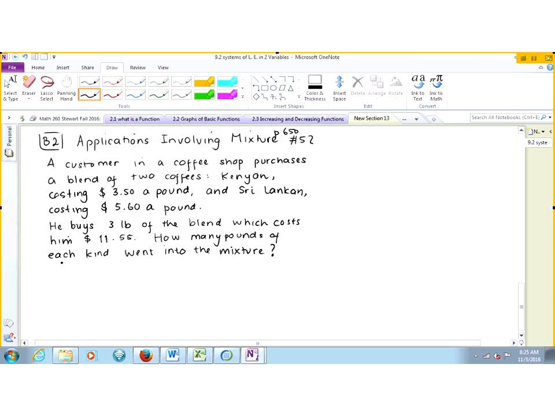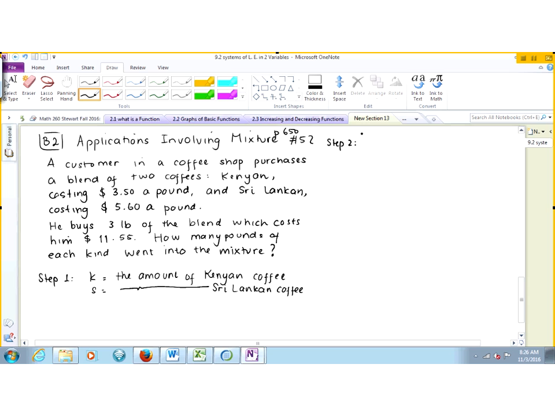So how would you solve this problem? Can we identify the variables? What are they? K and S, yes. K is the amount of Kenyan coffee, and S is the amount of Sri Lankan coffee. Do we need a table?